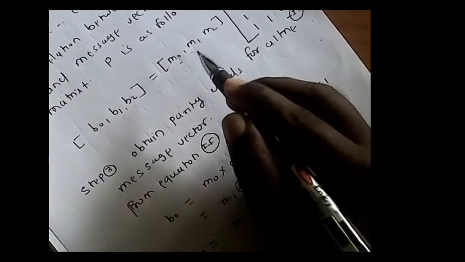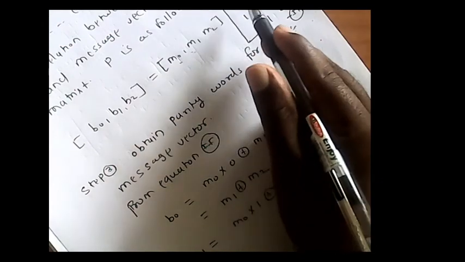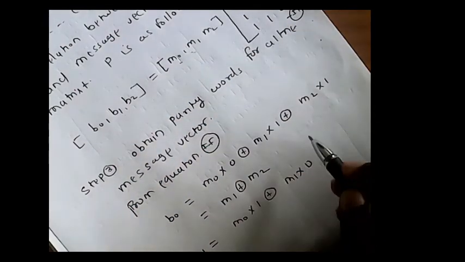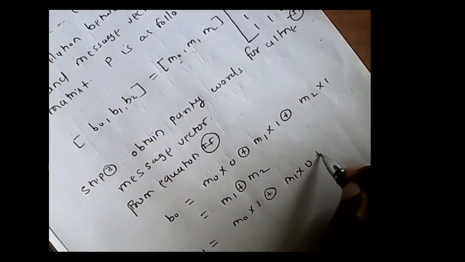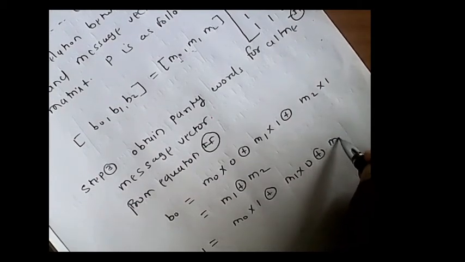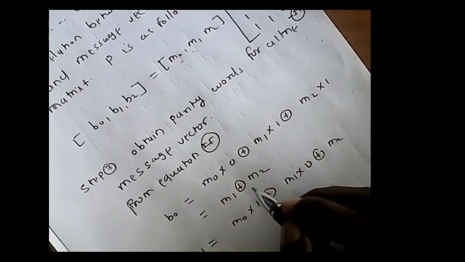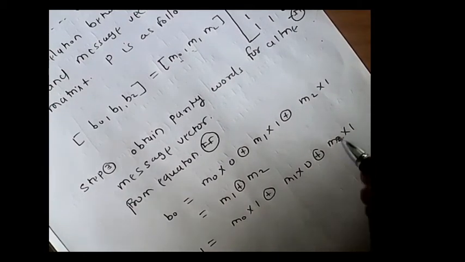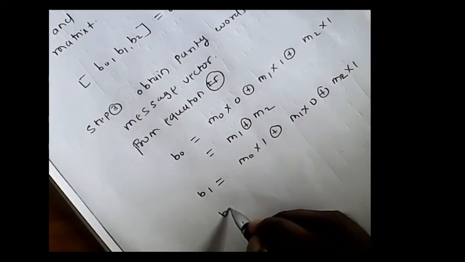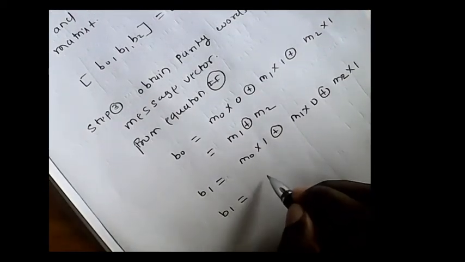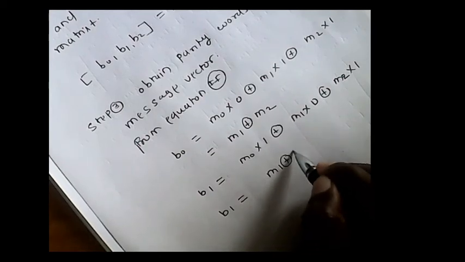Modulo operation M1 into 0, this first row second column for B1, modulo operation M2 into 1. After solving this equation we get M1 modulo M2.